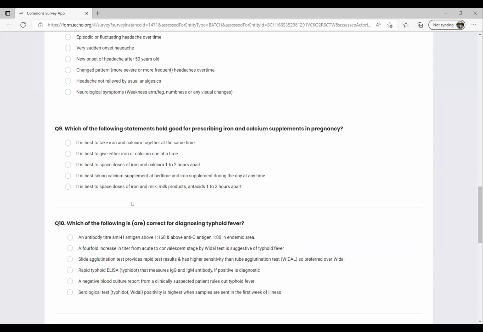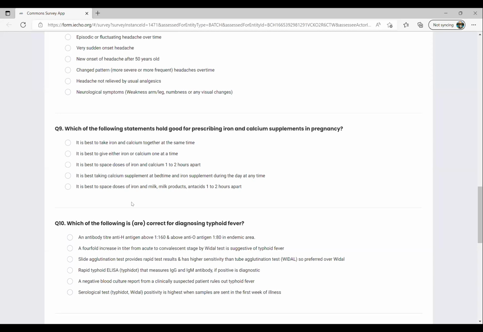When given together, they chelate with each other, they bind to each other, and that is how neither iron nor calcium will be absorbed from the body. And very often we blame the supply system in our health system, that the quality of the medicine supplied is not good, because the hemoglobin level is not increasing. I've been giving iron to the patient for so long.